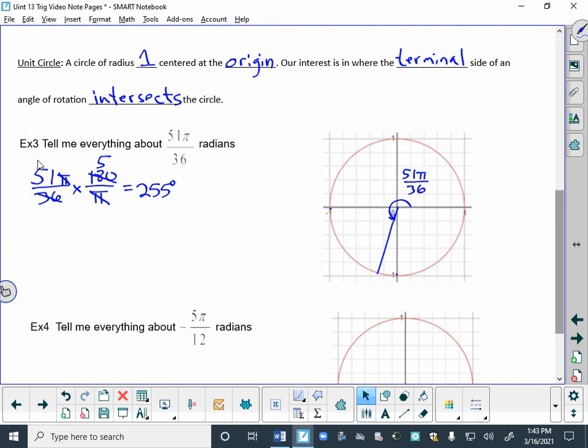Now, this creates what we call a reference triangle in here. Our reference angle, as we defined, was drawn from a point on the terminal side of the angle perpendicular to the x-axis.